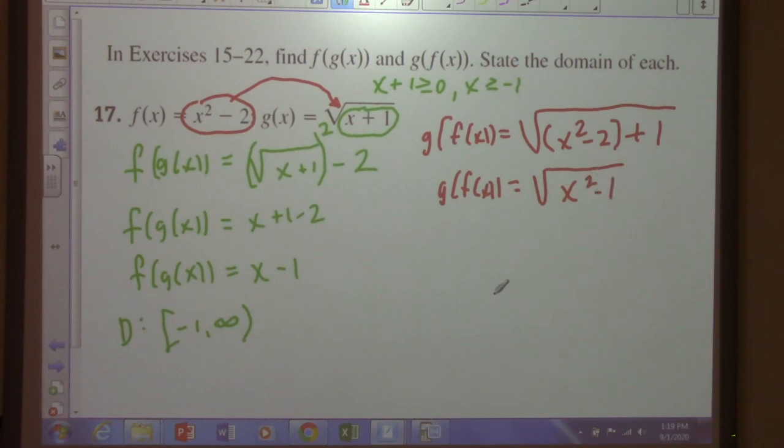Now what do you know about this thing in here? It has to be what? What do you have to be inside the radical? What numbers can it be?